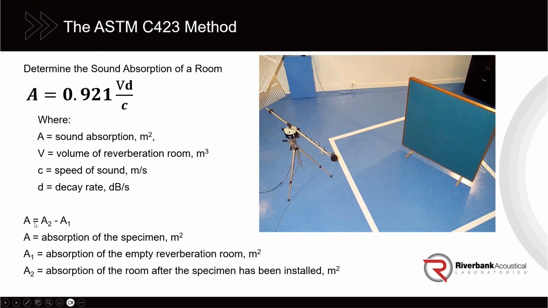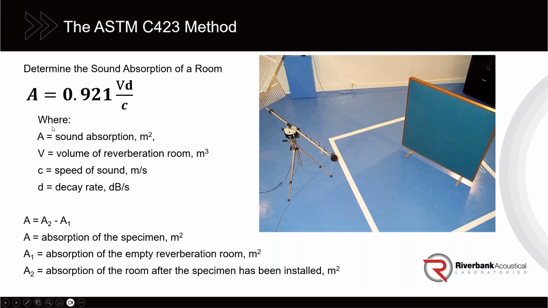We make this measurement in the empty reverberation room, then install the product under test, and make a second measurement of the absorption after the specimen has been installed. The additional sound absorption is the difference between those two, so it's A2 minus A1.